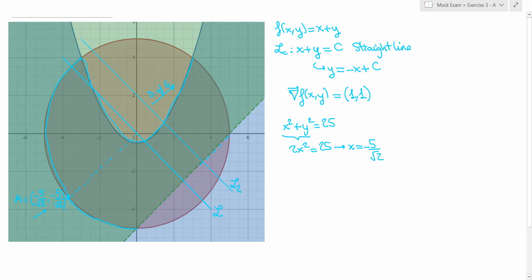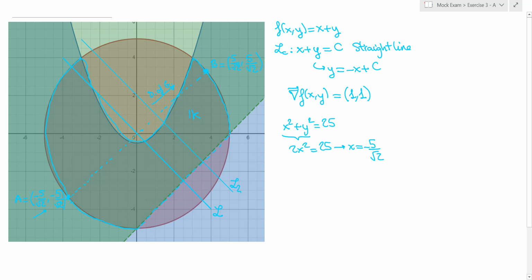Now this boundary is not included, and then there is this one. So you can see that if you continue in this way, the final point where the function within the region K has grown to its maximum is this symmetric point. That would be 5 divided by square root of 2, 5 divided by square root of 2.